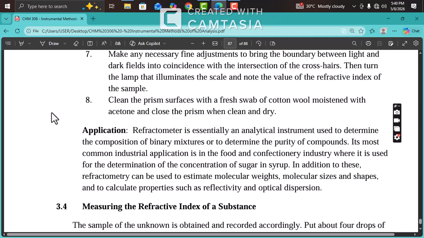Like those making alcohol, they use it to determine the quantity of sugar, because some of these alcoholic drinks are made from sugar. So you want to know how fast the sugar is being converted to alcohol, for instance, or you are concentrating sugar to form syrup, or you are making a fruit concentrate.